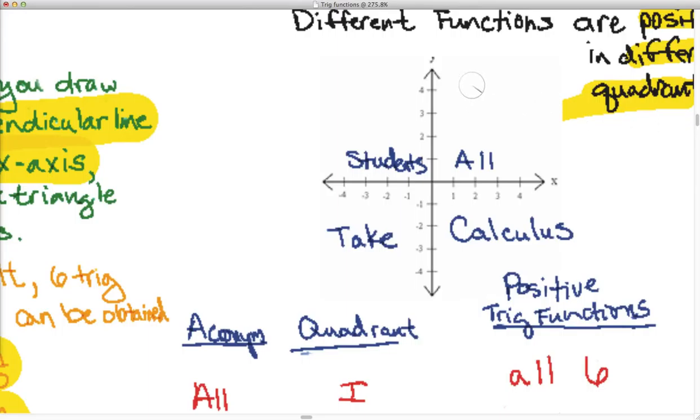Layer 2 maybe. This is quadrant 1. Quadrant 2. I guess my marker's too fat. So this is quadrant 1, 2, 3, just refreshing your memory, 4.